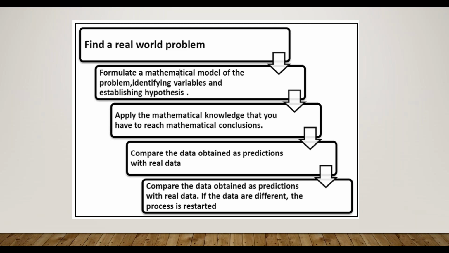Now, how these mathematical models work, it's there in front of you. I'll quickly go through the steps, it won't take much. Finding a real world problem, formulating a mathematical model of the problem, identifying the variables and establishing the hypothesis. Most important part. A data scientist, for that matter, will always create his own set of hypotheses. What will happen if I use this algorithm?